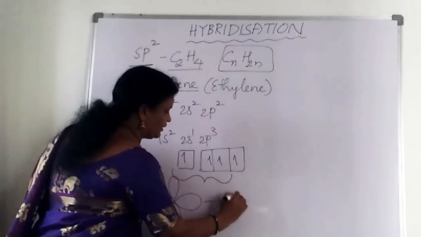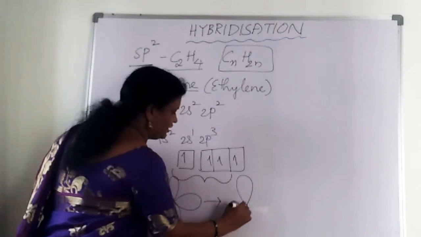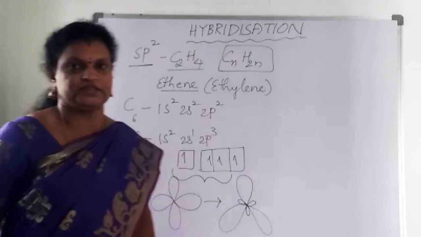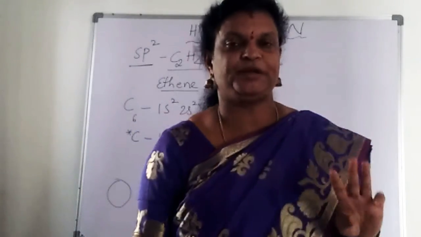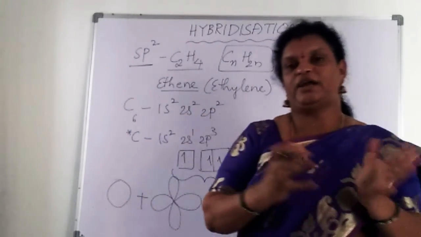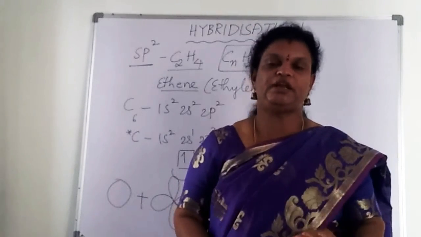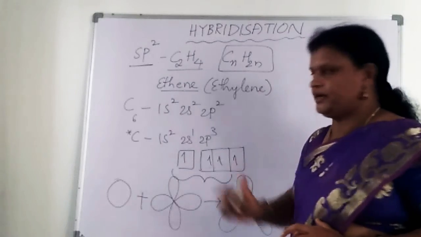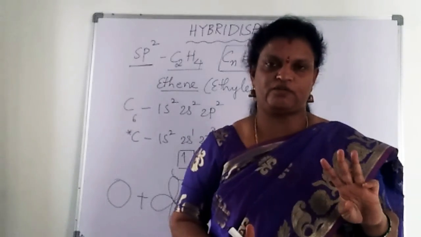So here we are going to get hybrid orbitals. 3 sp2 hybrid orbitals are formed here. However many atomic orbitals intermix, that many hybrid orbitals are formed. So as 3 orbitals are intermixing, 3 hybrid orbitals are formed here.